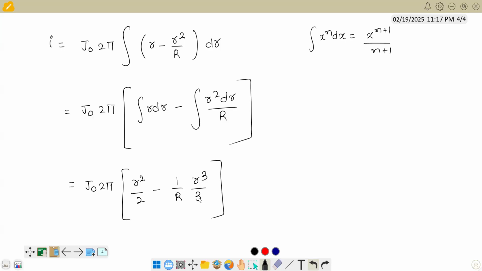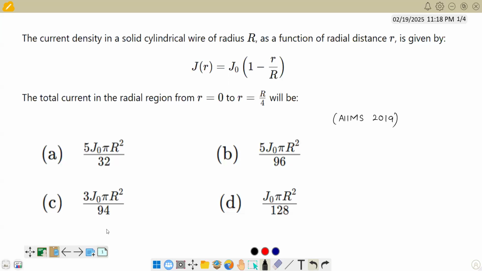I have used that logic here. And what are the limits of this integration? I want the value from 0 to R by 4. Yes, we want it from 0 to R by 4.